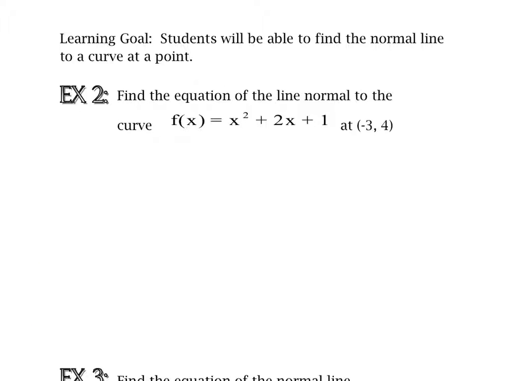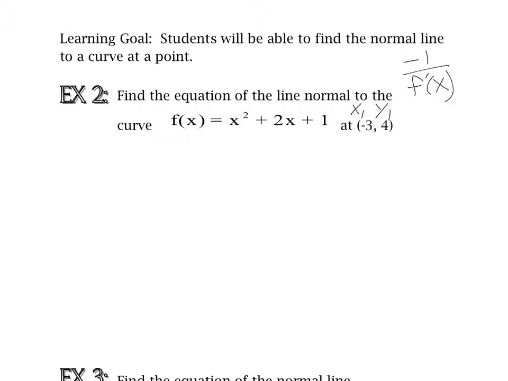Okay, once again, we got a problem here for you to try out. Looking for the normal line. I want you to give it a shot. They give you the x1 and the y1, and they give you f of x. So remember that the normal line slope is going to be -1 over f prime of x. And you already have x1 and y1.